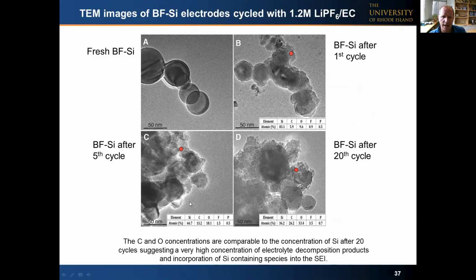As we continue cycling them, basically the particles kind of turn to mush. And what were nice nanoparticle silicons all turn into one big mashed particle, which contains high concentrations of carbon and oxygen. What this suggests is that the SEI and the silicon particle are becoming combined together and basically making one homogeneous mixture.